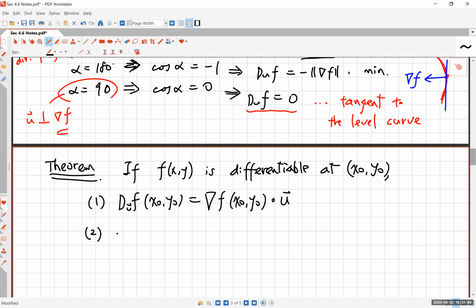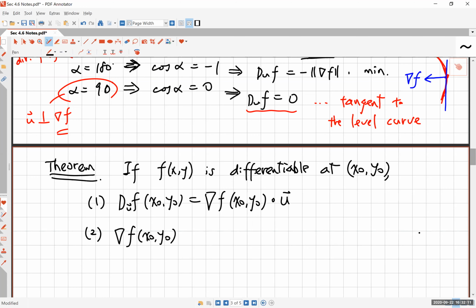And then second, remember this gradient is a fixed vector, right? For every x naught, y naught, you can evaluate the gradient, which is going to be a two-dimensional vector. And you can draw this vector on the domain, which is a two-dimensional plane, at x naught, y naught, right?